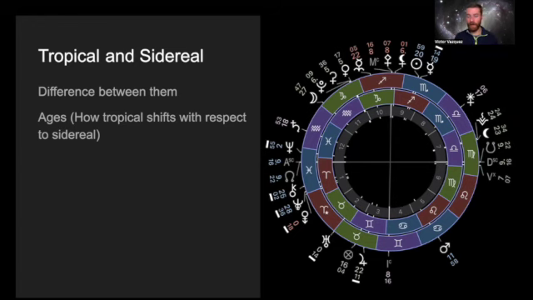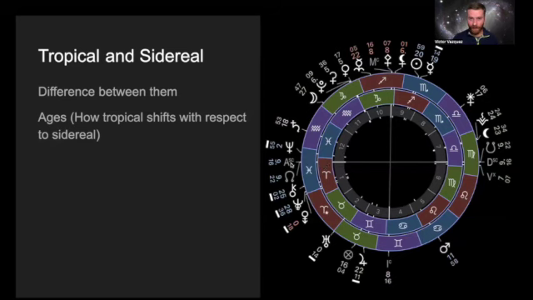So now another interesting thing we can see here is the planets. For example, let's see here the ascendant. We see it's at 9 degrees of Pisces in the sidereal zodiac. And at the same time, it's about the beginning of Aries in the tropical zodiac.